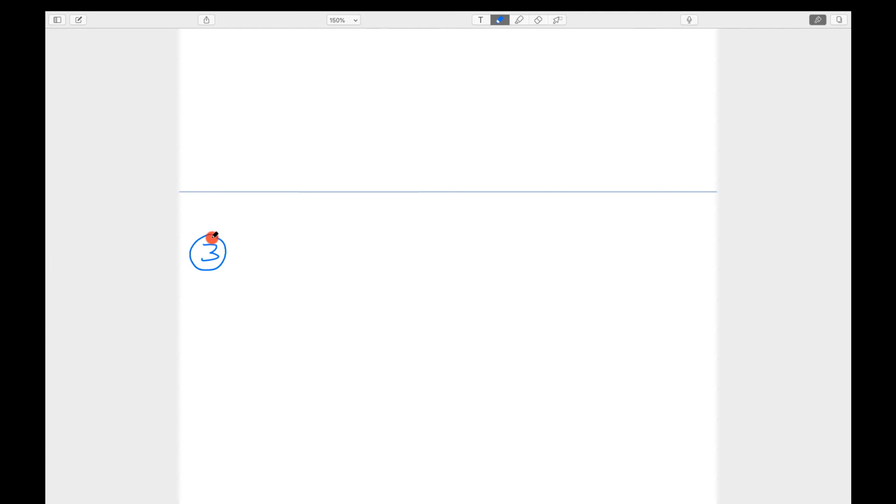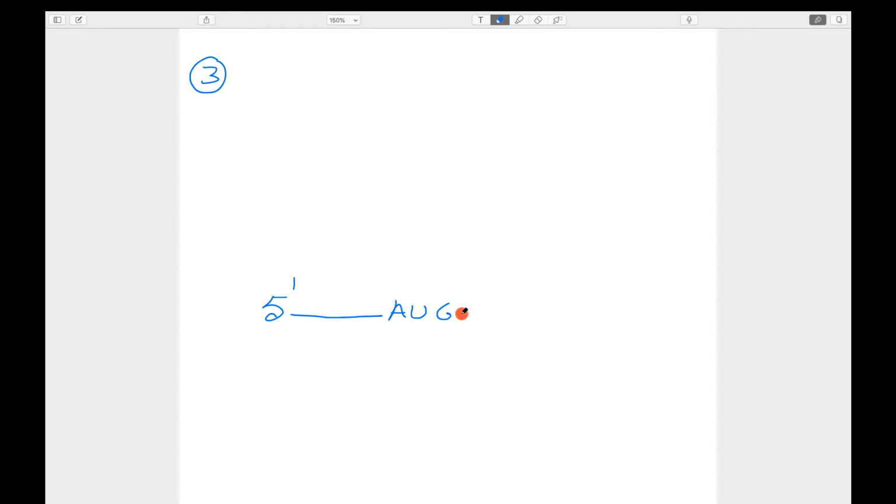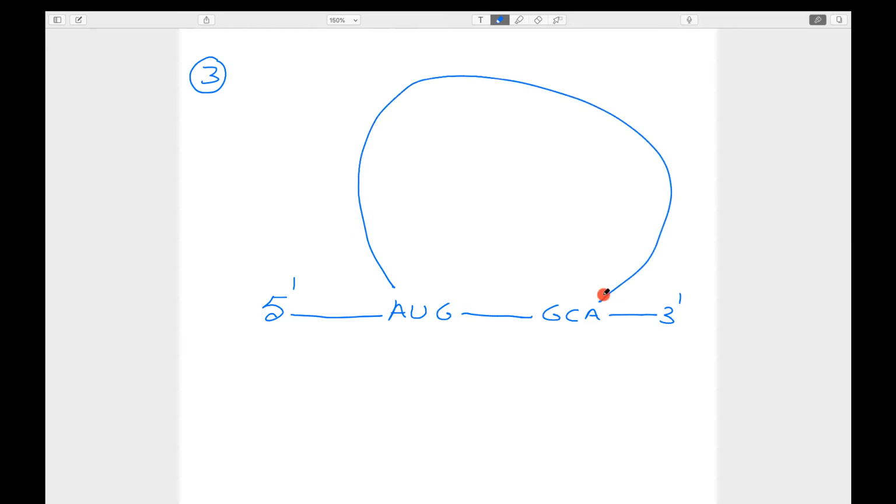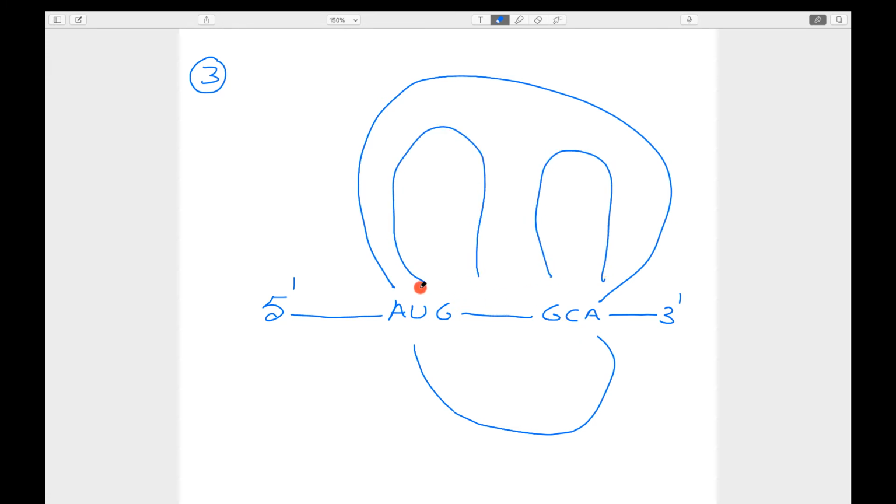Then let me write a full diagram here. Here it is 5 prime, AUG, and then GCA, 3 prime. Again I'll write the P site and A site; this is the exit site.